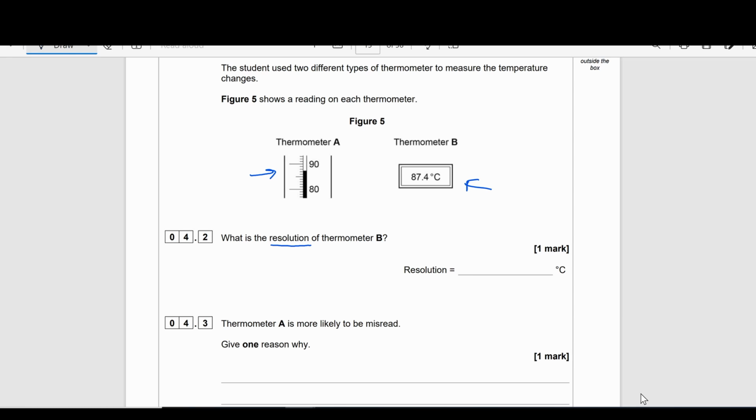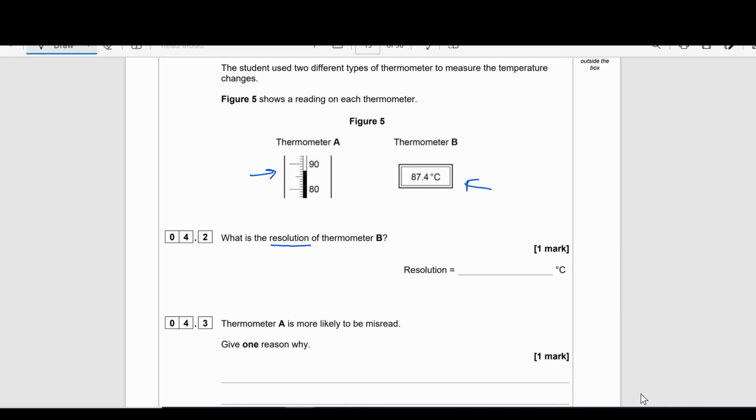What is the resolution of thermometer B? So this word resolution, what does it mean? It means the smallest interval that can be read on a piece of equipment.